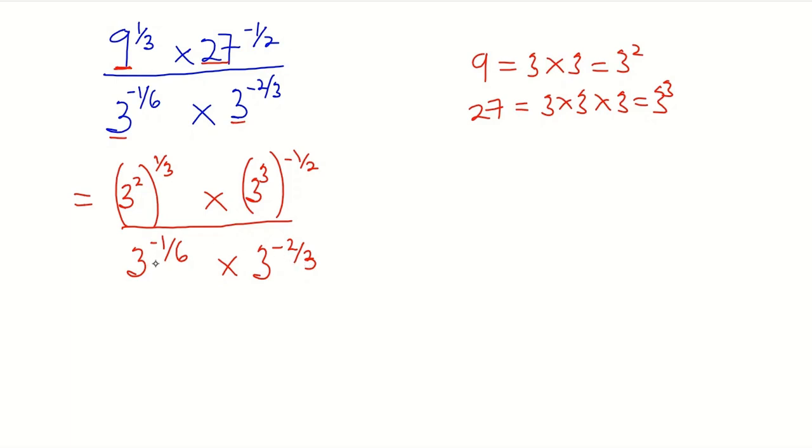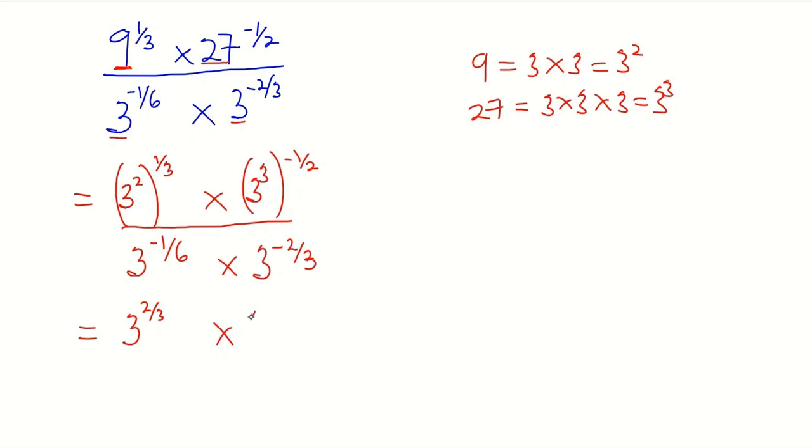Now, having known this, we can multiply the exponents at the numerator. And so we continue, and we have 3 exponent, now 2 times 1 out of 3 is 2 out of 3, times, now 3 times negative 1 out of 2 is negative 3 out of 2.